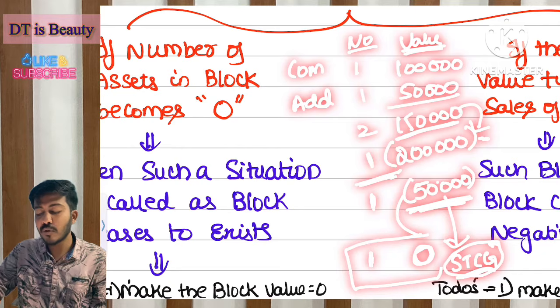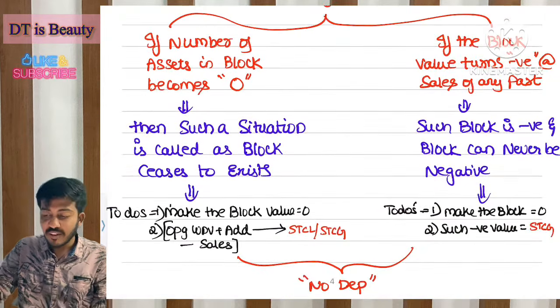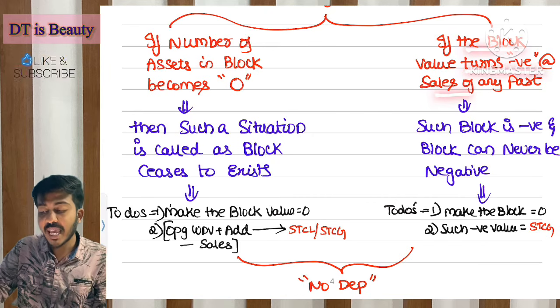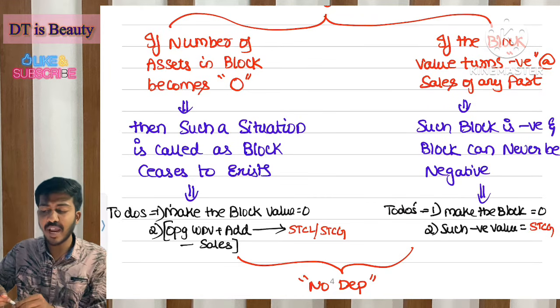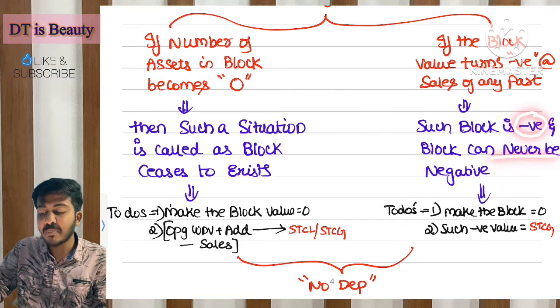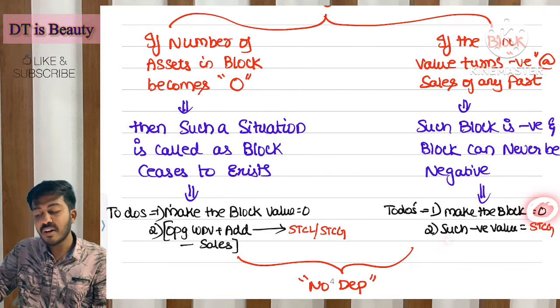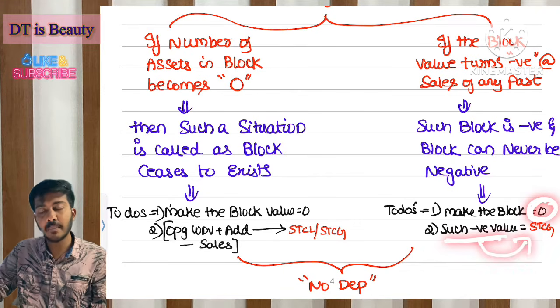In PGBP closing balance of the asset, you should write 0 as the value of the asset forcefully. If the block value turns negative because of sales of any part of the asset, such a block is a negative block, and a block can never be negative. Therefore, make the block 0 forcefully. Whatever balance you have, transfer it to short-term capital gains.